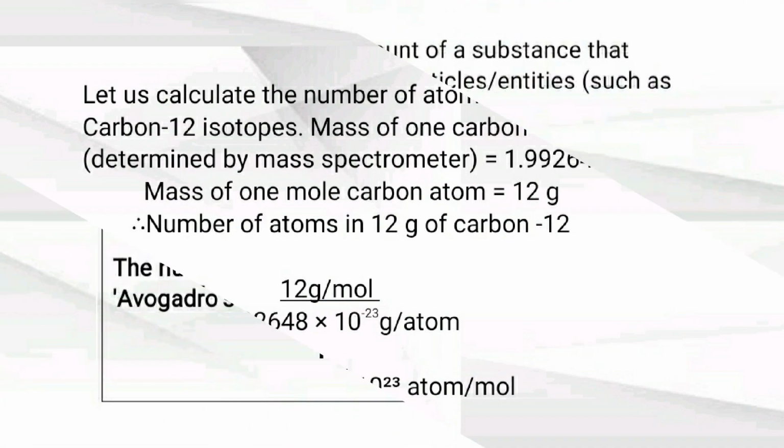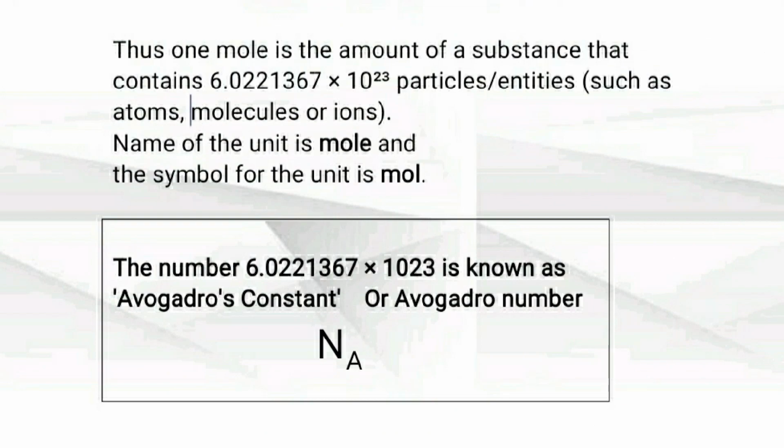Thus 1 mole is the amount of substance that consists of 6.0221367 into 10 to the power 23 particles. Name of this unit is mole and its symbol is mol. This number, 6.0221367 into 10 to the power 23, is known as the Avogadro number or Avogadro constant, and its symbol is NA.